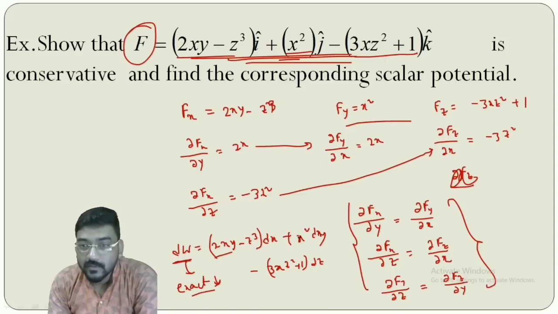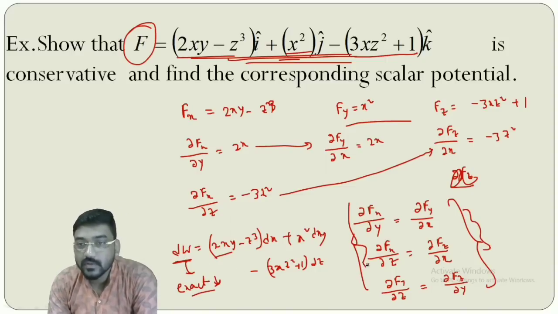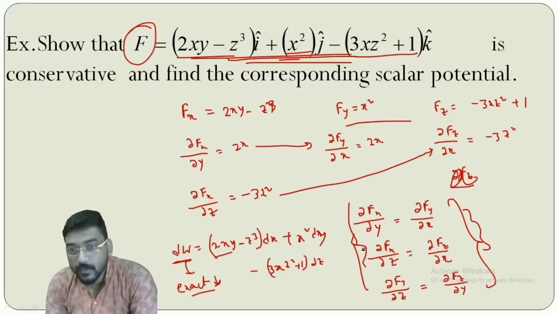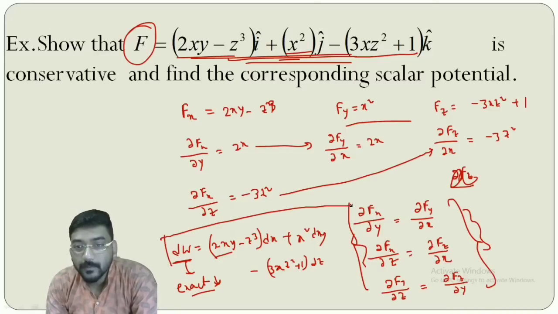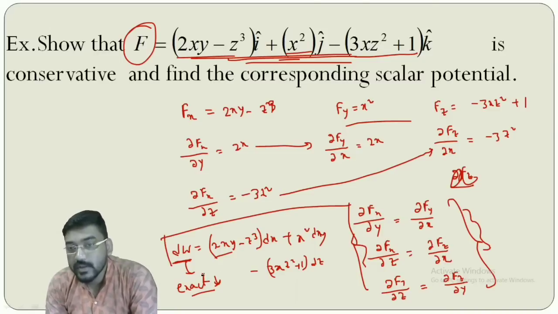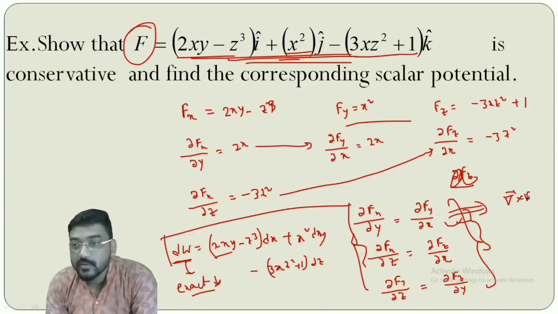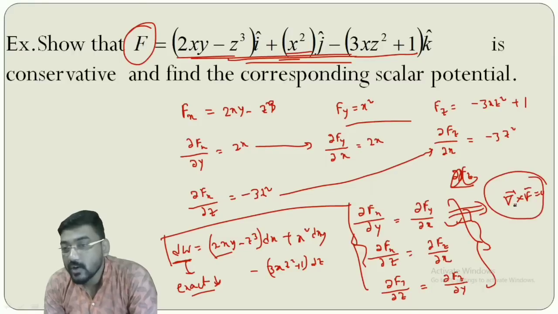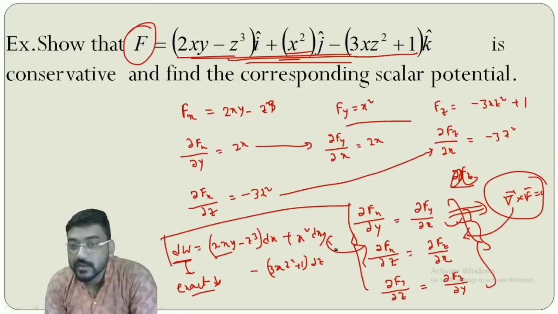Why? Because these relations hold good. So this is one way of finding out whether dw is exact differential or not. If these relations hold good, then you can say dw is exact differential, and these relations will only hold good if curl of f is equal to 0.